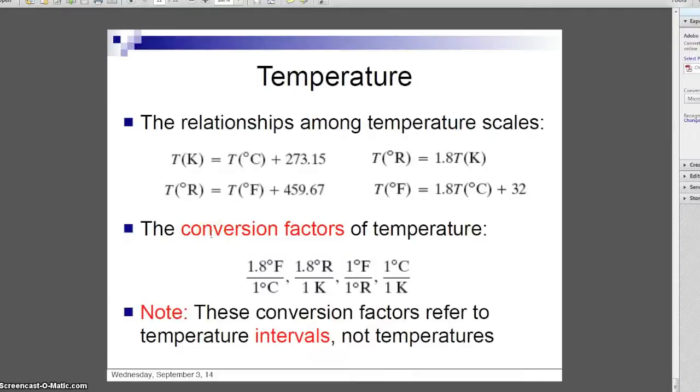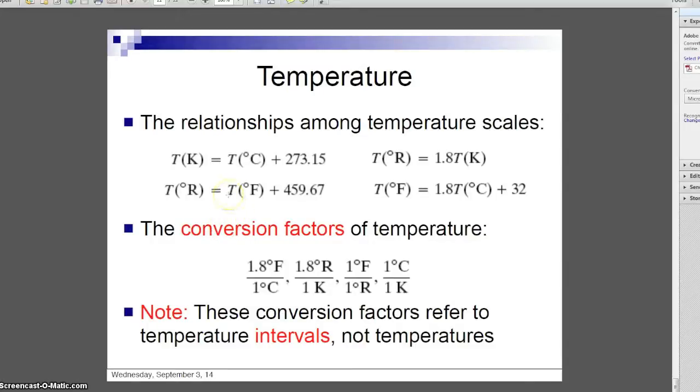So guys, this is the last part for chapter 1. Yay! And it's about temperature. It's more about knowing what types of temperatures there are and the conversion factors required to convert all these temperature scales.